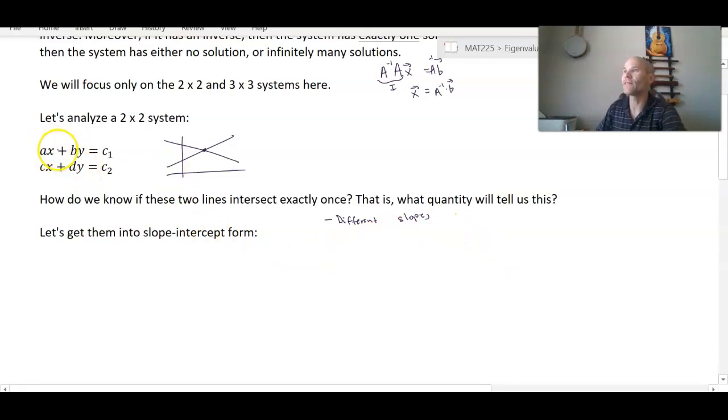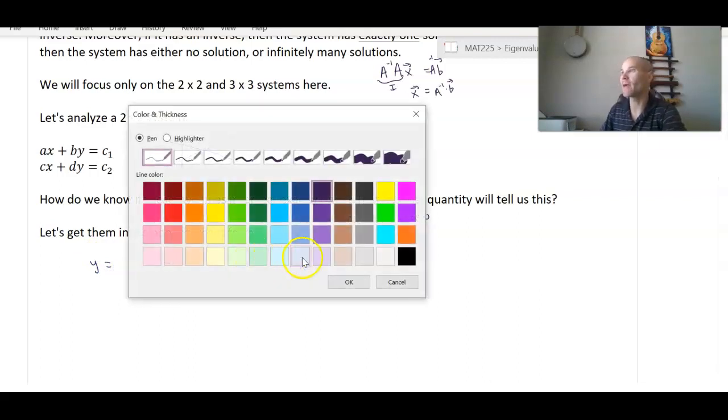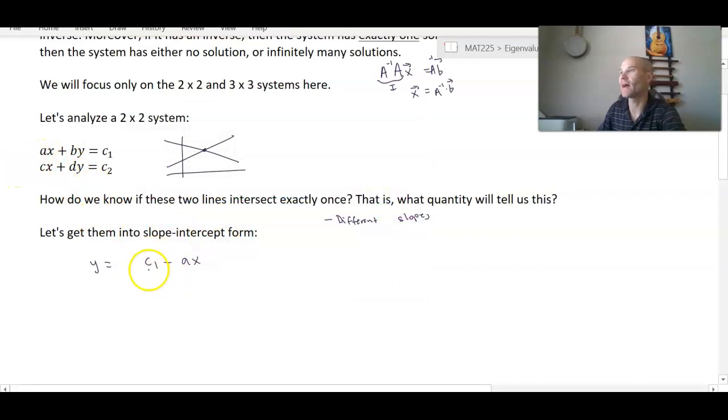So let's start off and just get these into slope-intercept form. So AX plus BY equals C1; if I subtract AX over, so C1 minus AX, and then I divide by B, I could write that a little bit more neatly in slope-intercept form as negative A over B times X plus C1 over B. Now keep in mind that A, B, C, and D could themselves be positive or negative numbers.